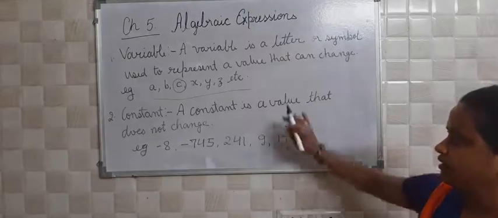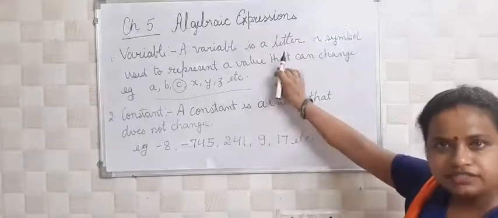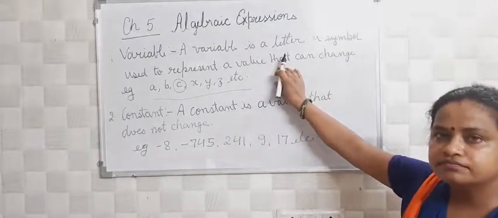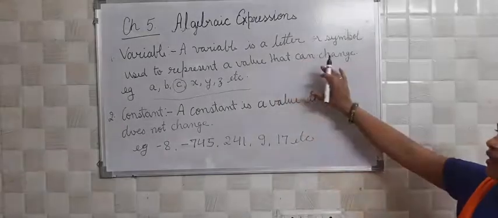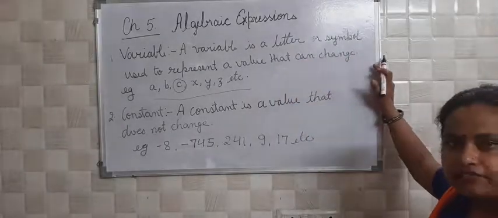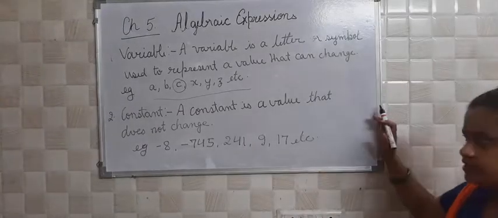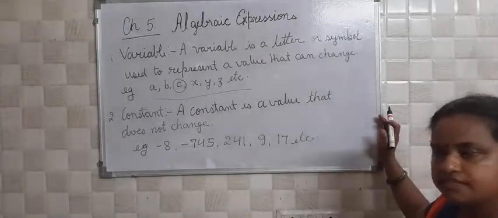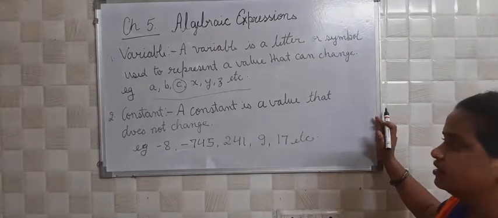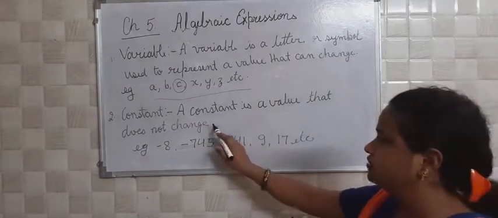Now, did you understand this? What is variable? If you have any doubt, you can clarify it. Now, next is what is constant? A constant is a value that does not change. What does it mean?